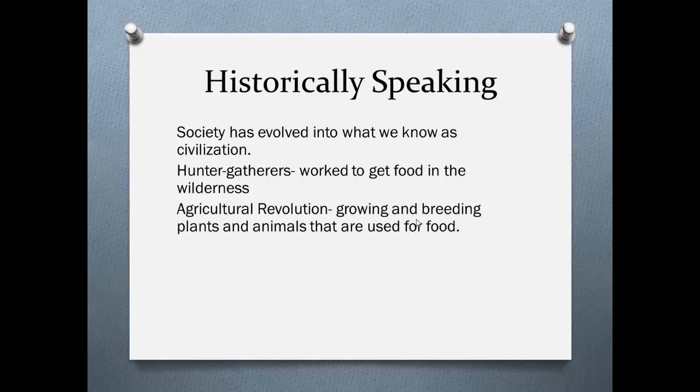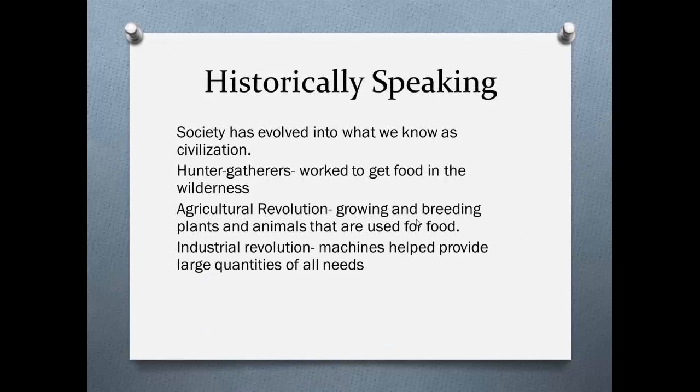Now, the agricultural revolution is where a lot of land was cleared, and basically farmers grew plants and then bred animals, and that was used for food to help sustain them. And there also was some trading between the farms in order to share the wealth.